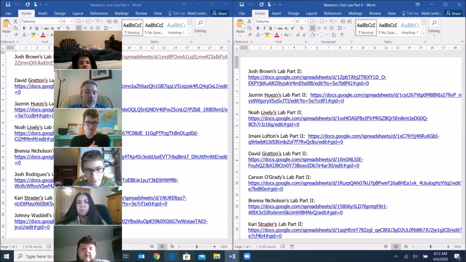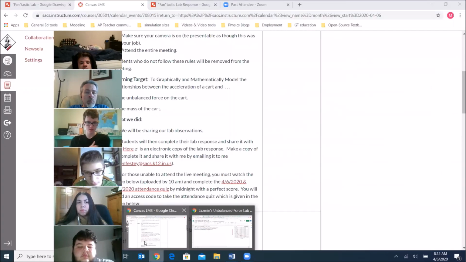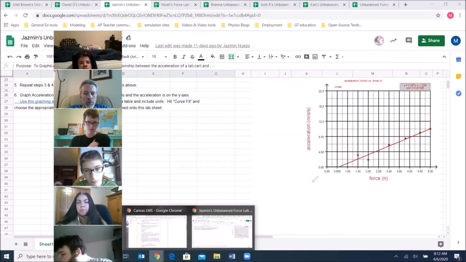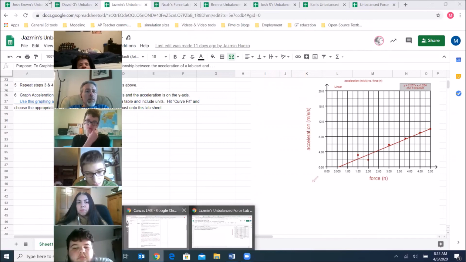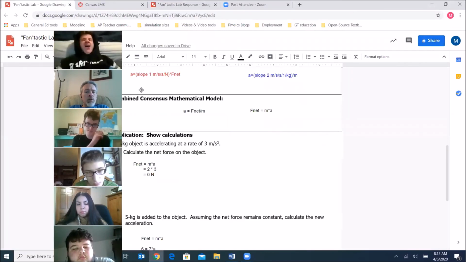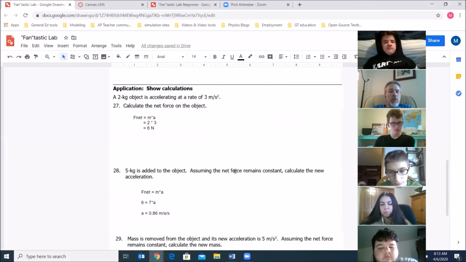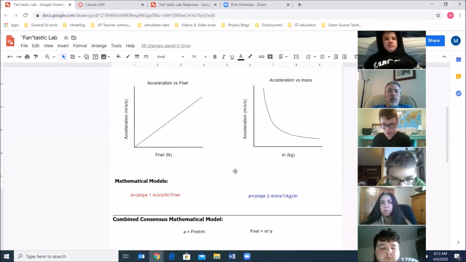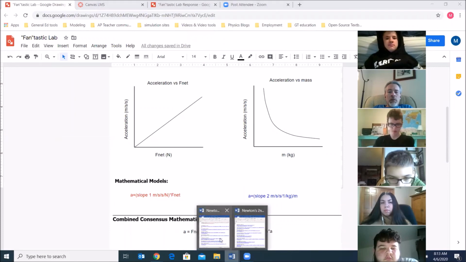You can see that this lab is going to be worth quite a bit of points. It's not just going to be filling this out, right? Because I kind of did that for you in a way. If you shared that data with me, it's going to be an extra 10 points, 5 points for the acceleration versus net force and 5 points for the mass.